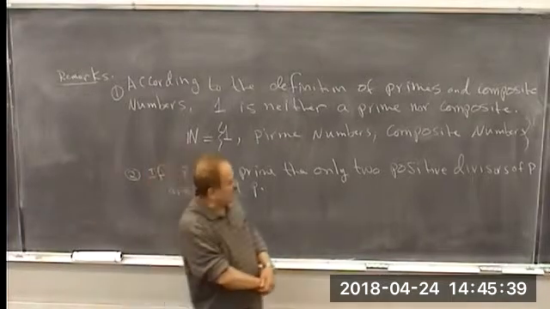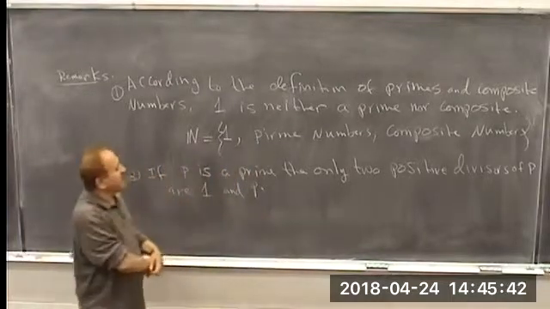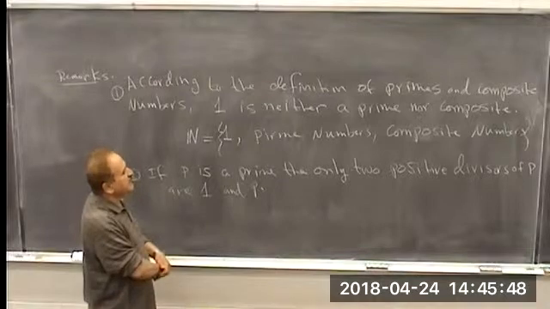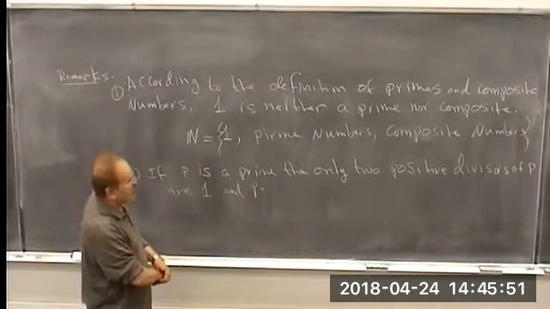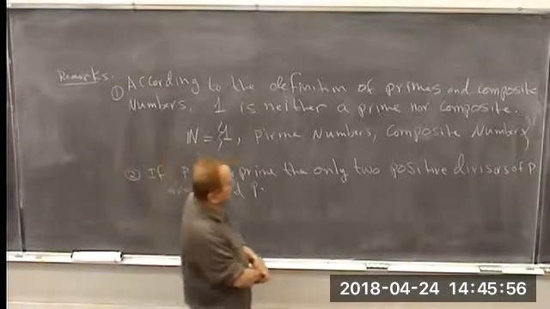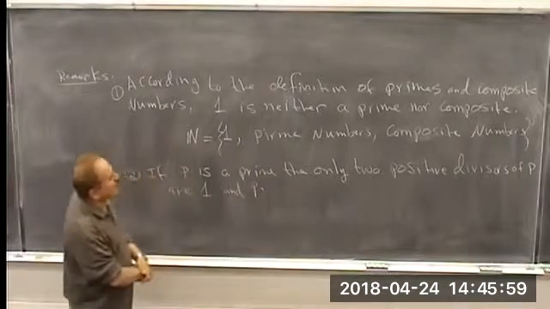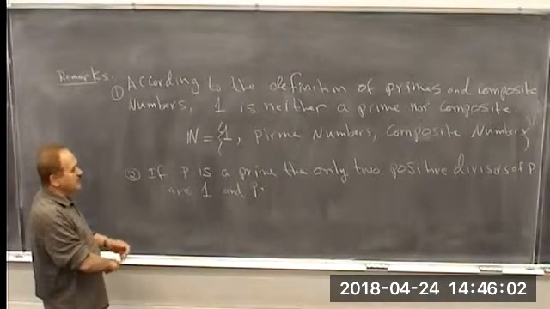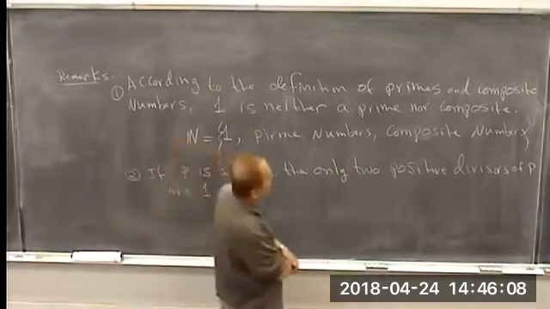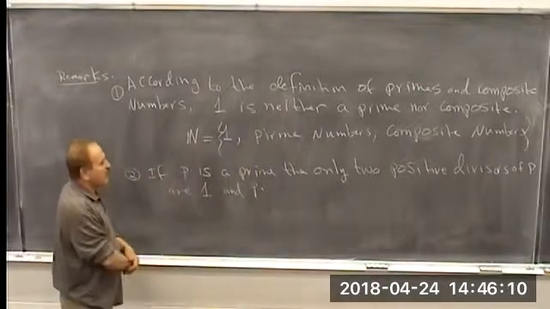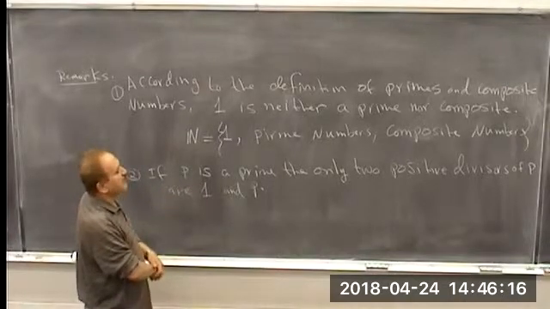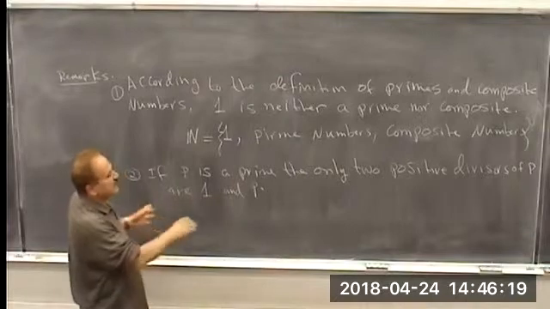The fundamental theorem of arithmetic simply states that any natural number that does not equal 1 is either a prime itself or a product of a finite number of primes, and the primes that appear in this product are unique apart from their order in the product.